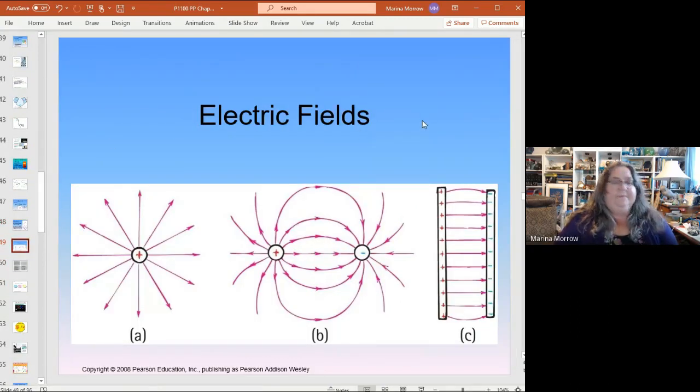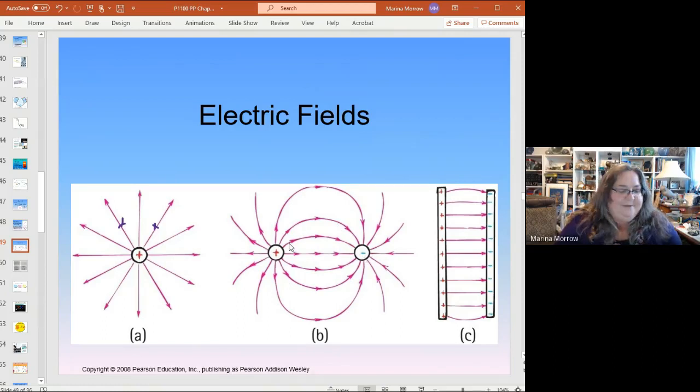Now, what about a positive charged object? Well, it would have lines radiating away, right? Because any positive charges will be repelled away. So the lines radiate outwards. In B here, what we've got is a positive charge and a negative charge.